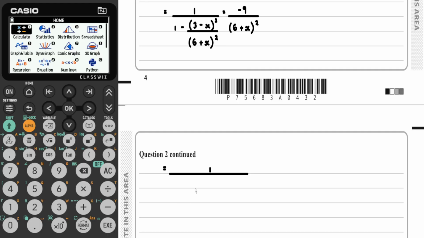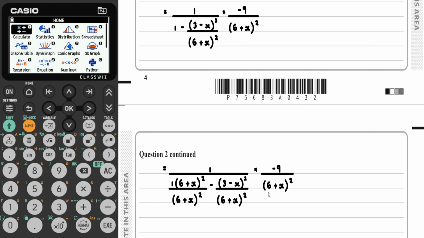So we have 1 over 1 multiplied by (6 plus x) squared over (6 plus x) squared, subtract (3 subtract x) squared over (6 plus x) squared, times negative 9 over (6 plus x) squared. You can see here we've got this common denominator of (6 plus x) squared.